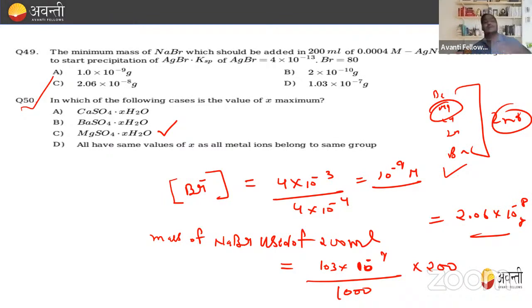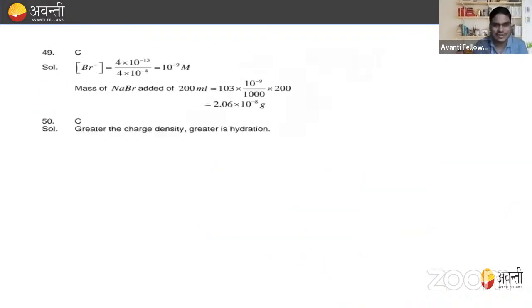So out of these three, which one has the maximum value of x, beta? Yeah, that is MgSO4. So MgSO4 has the maximum value of x, right? I hope it is clear to everyone?